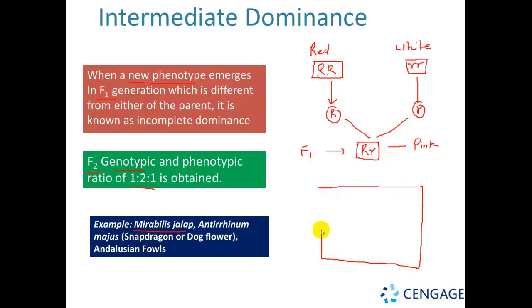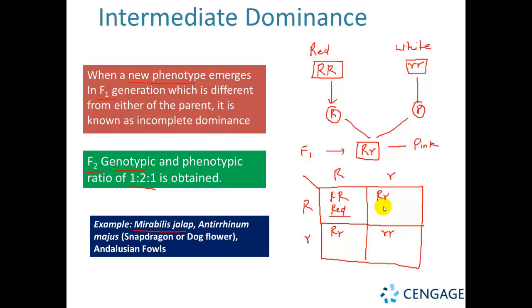And if I go for a Punnett square, what we see is that there is a deviation from the Mendelian ratio. Have a look at this. I am keeping the gametes in the Punnett square. So we are going to get capital R, small r, capital R, small r.